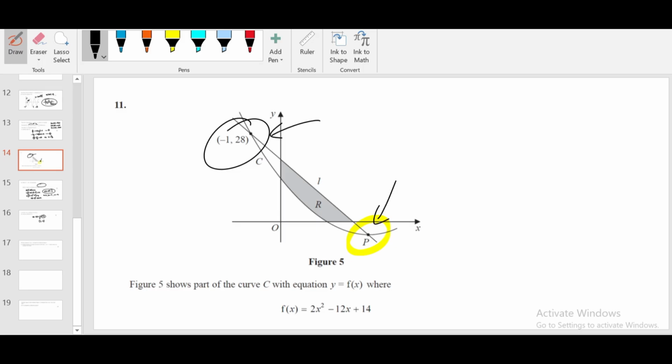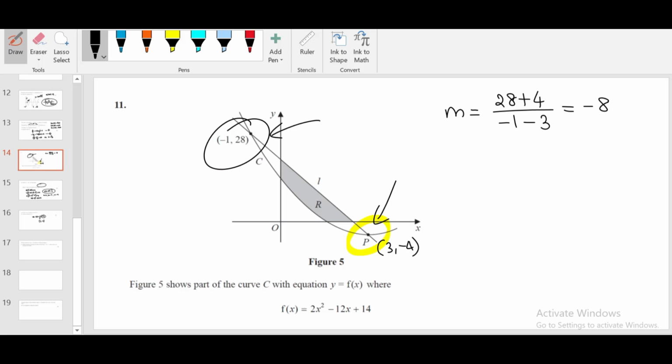This P is 3 comma negative 4, and you have one more point. You can find the slope and find the equation already. So slope is y2 minus y1 divided by x2 minus x1, sorry, you need to take it as x2 minus 3. So which is 32 over minus 4 is minus 8.